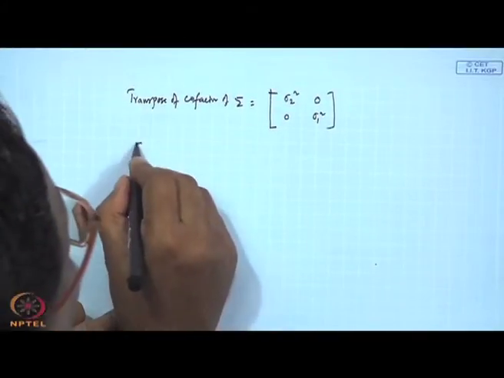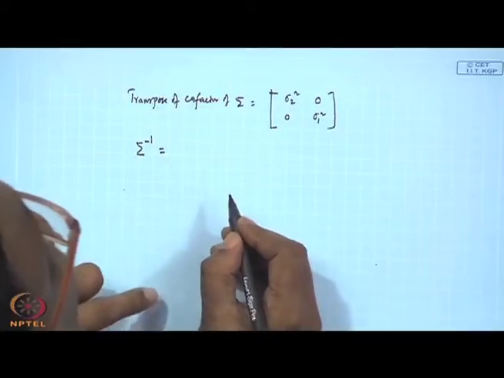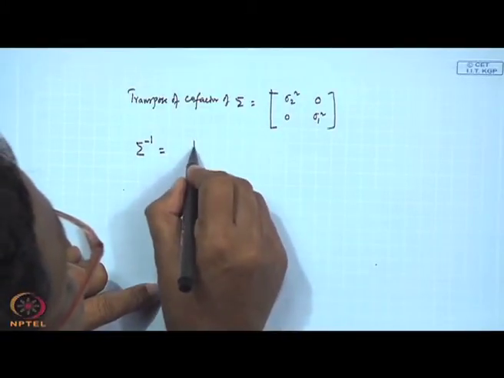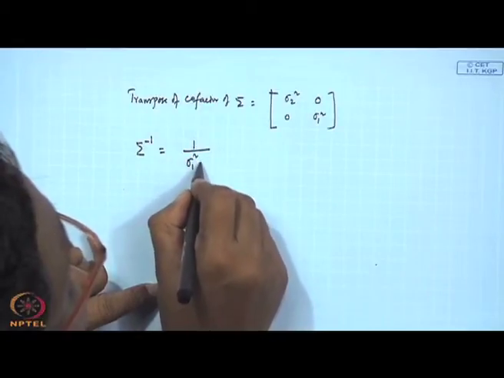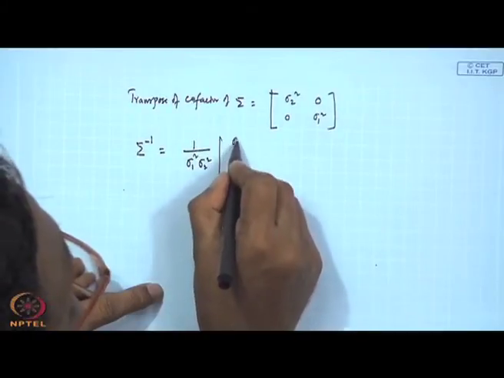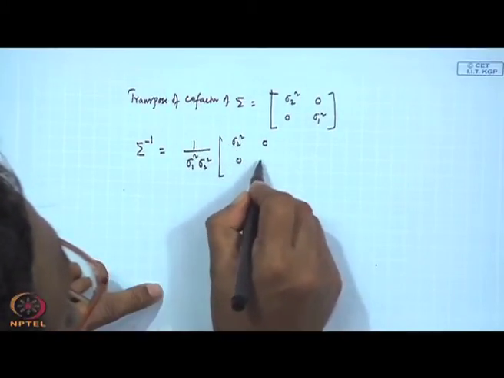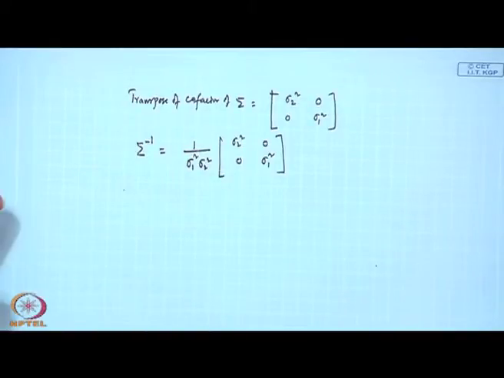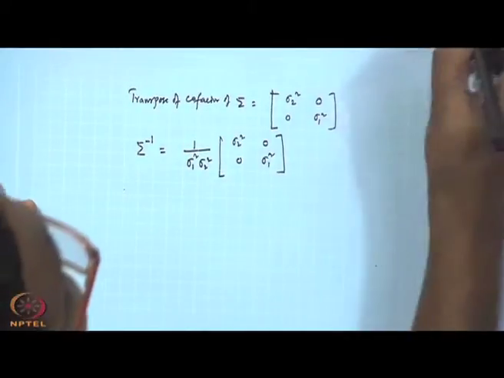Then what is my inverse? The inverse is 1 by the determinant. You write down first sigma 1 square and sigma 2 square, that is the determinant, times sigma 2 square, 0, 0, sigma 1 square. Okay. Now calculate this one.